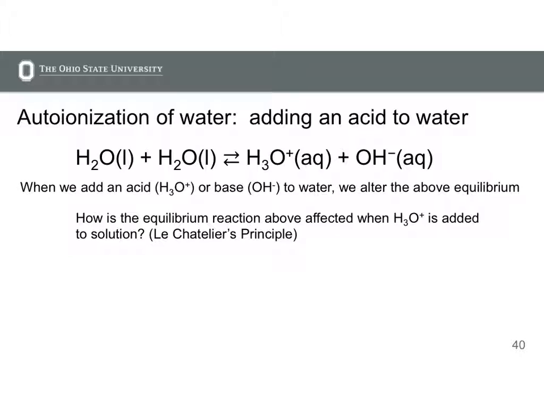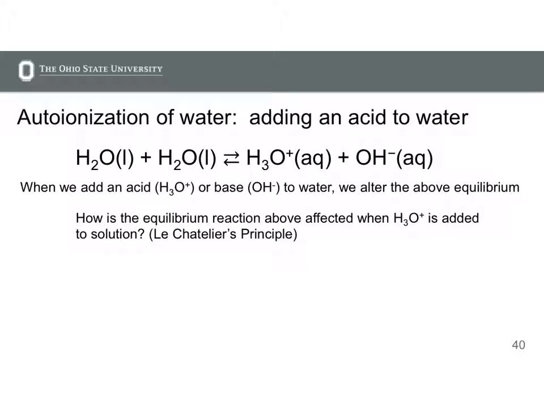Okay, so now we're going to actually start adding acids and bases to water to make aqueous solutions. What I want to do first is think about, essentially, applying Le Chatelier's principle to our autoionization of water equation.